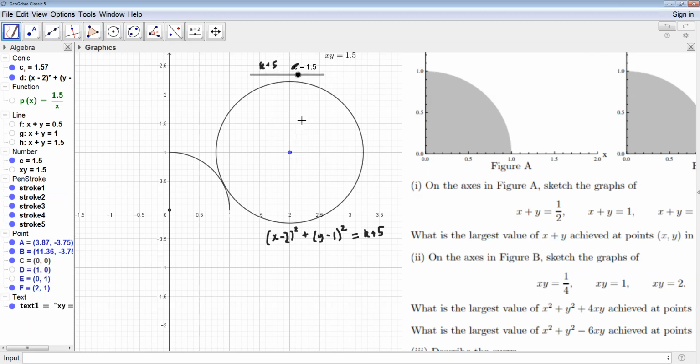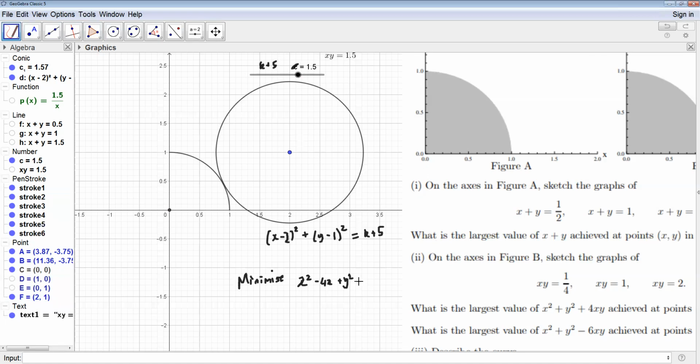Okay, so obviously, what I'm doing here is trying to minimize x squared minus 4x plus y squared minus 2y.